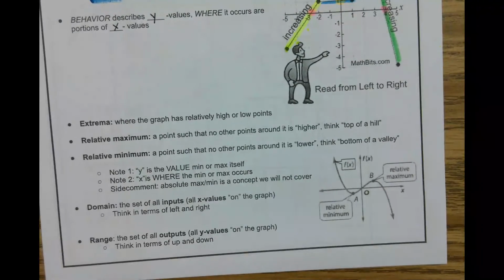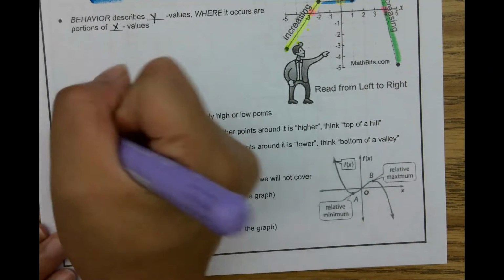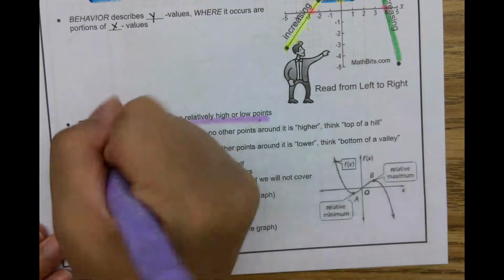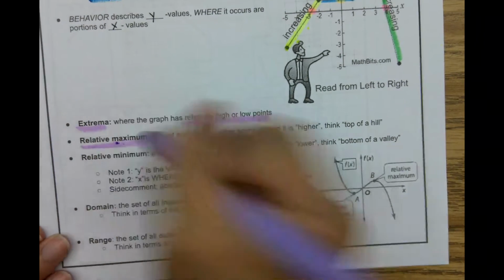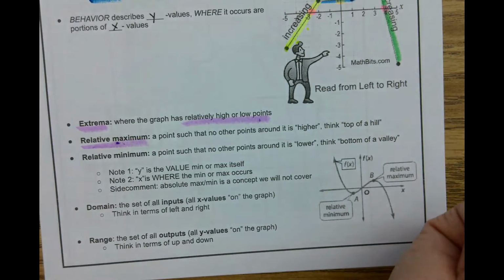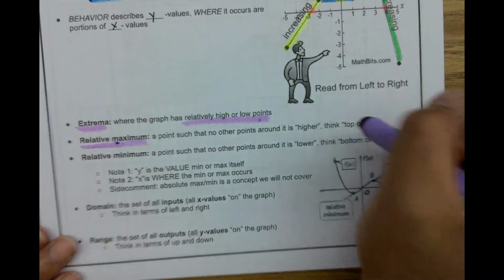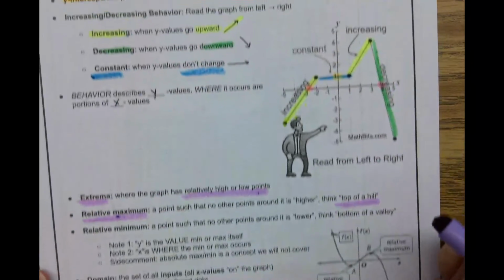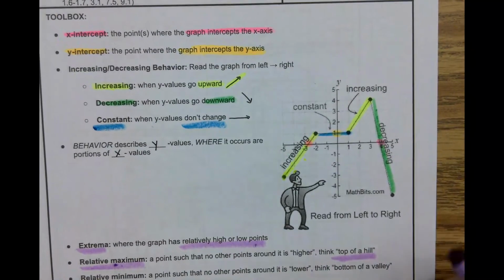And then the last part here is our extrema. It's where the graph has relatively high or low points. We have a relative maximum when there's no other point around it that is higher. I think of it as the top of a hill. So here, for an example, we have a relative maximum.